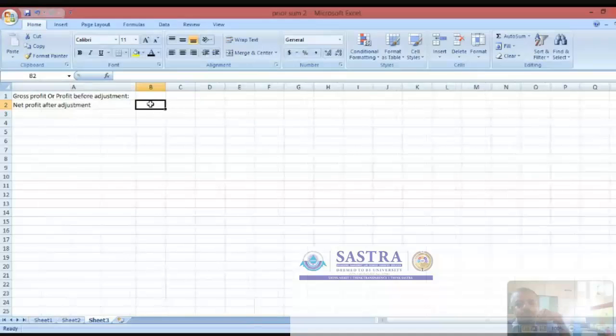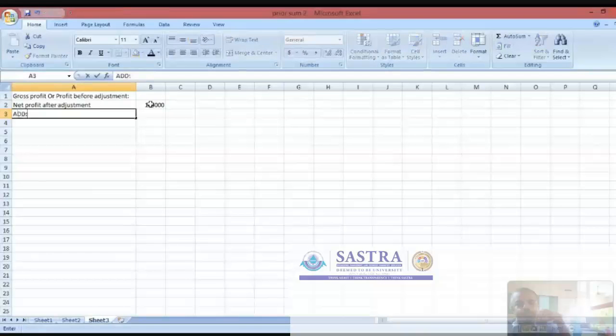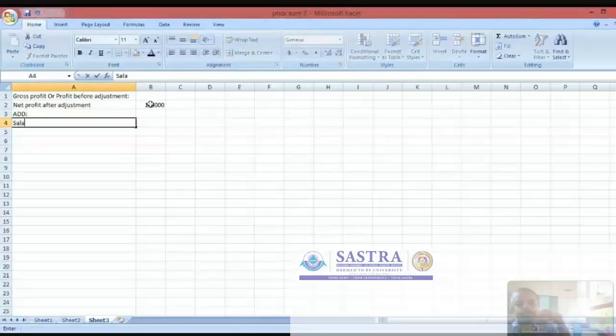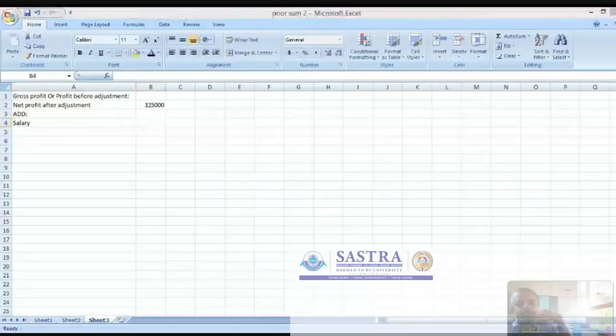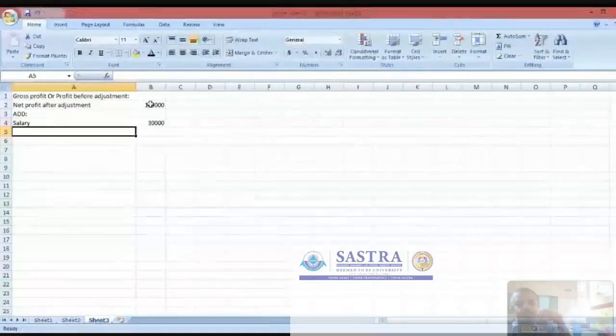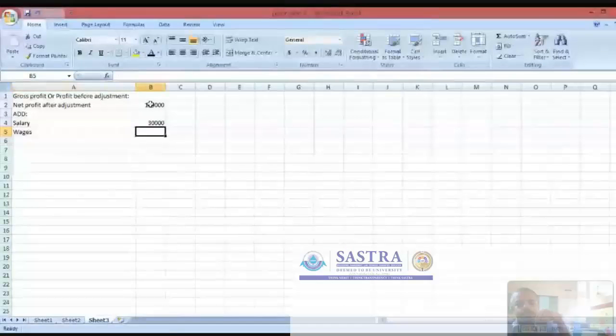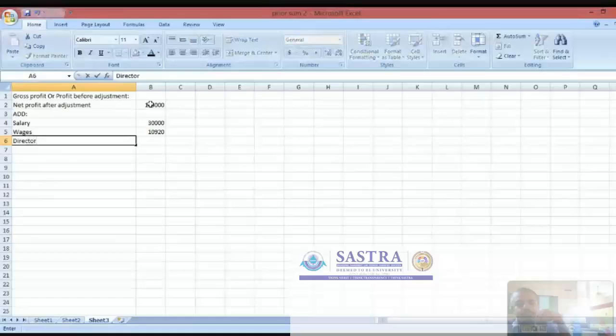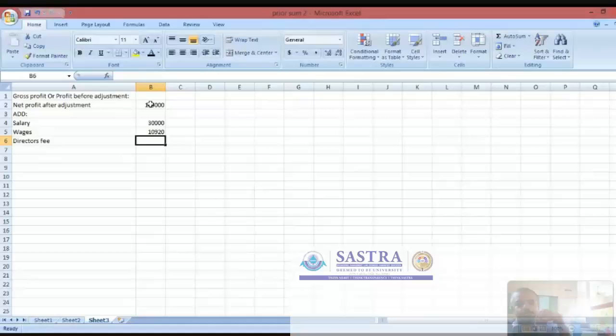Add salary 30,000, wages 10,920, and director's fees 16,000.